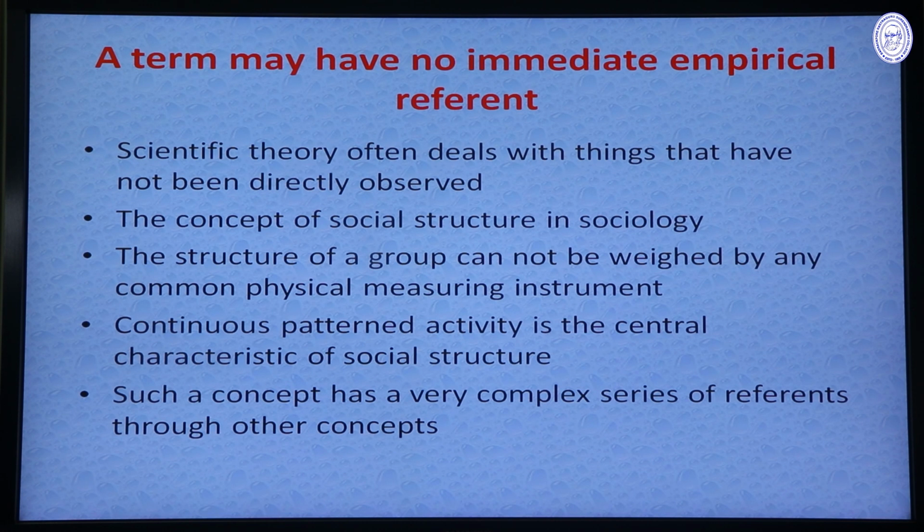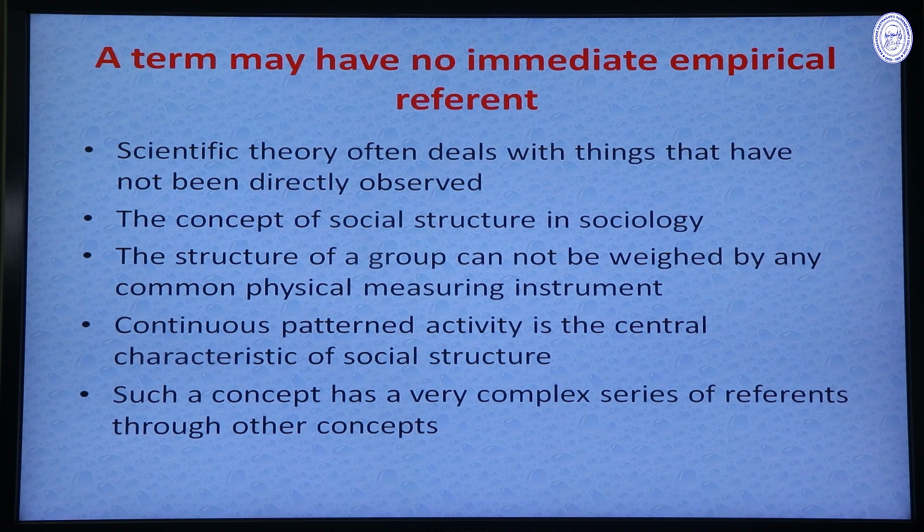The structure of a group cannot be weighed by any common physical measuring instrument. We have different types of groups, maybe primary group, secondary group, community, association, whatever human collectivities we have, but we do not have any particular measuring instrument to weigh or to measure that group. That does not mean that the group does not exist.